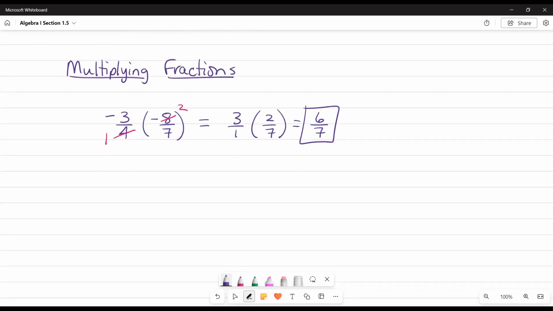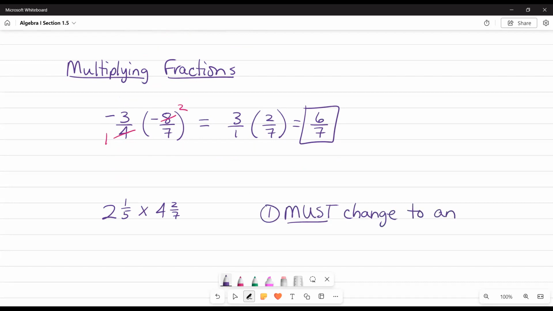What if they are mixed numbers? If it is a mixed number, you must change the mixed number to what do we call it?